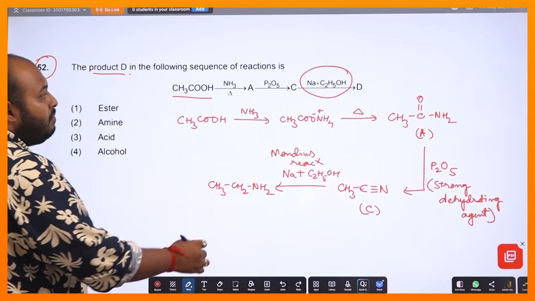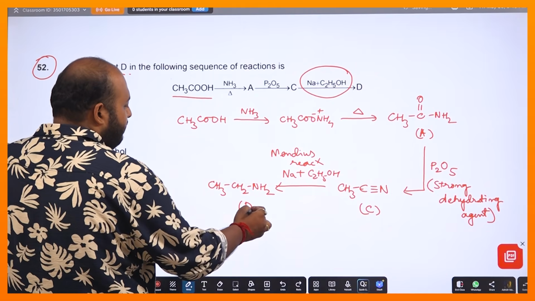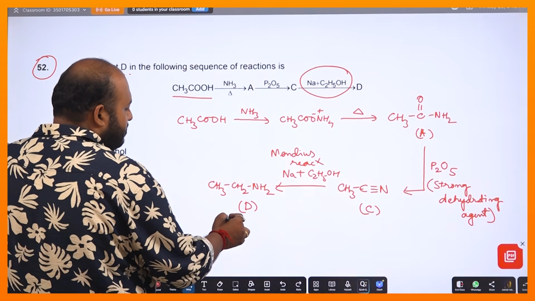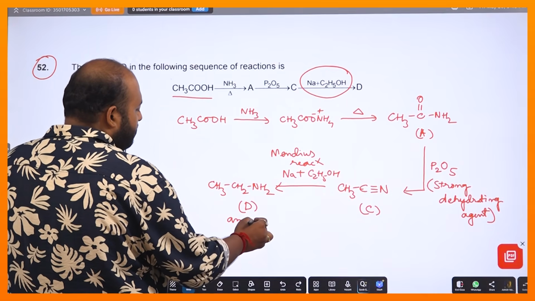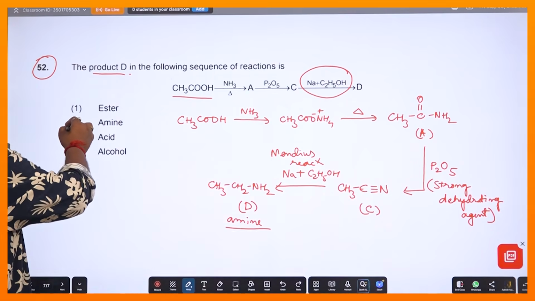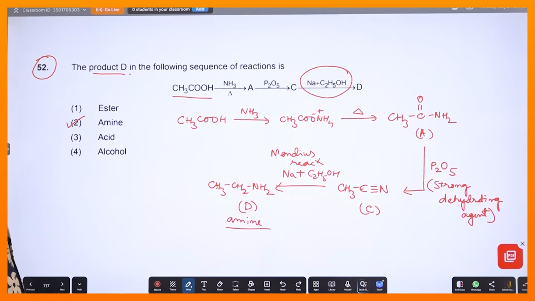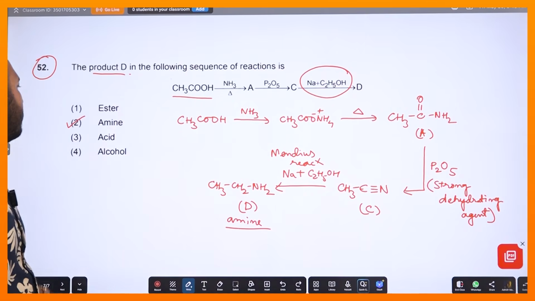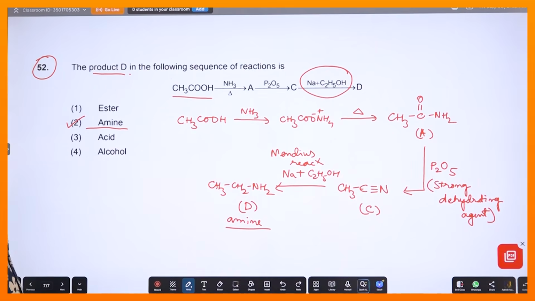So the final product, that is D, the functional group we got here is amine. So the correct option will be 2. Let us move to the next question.